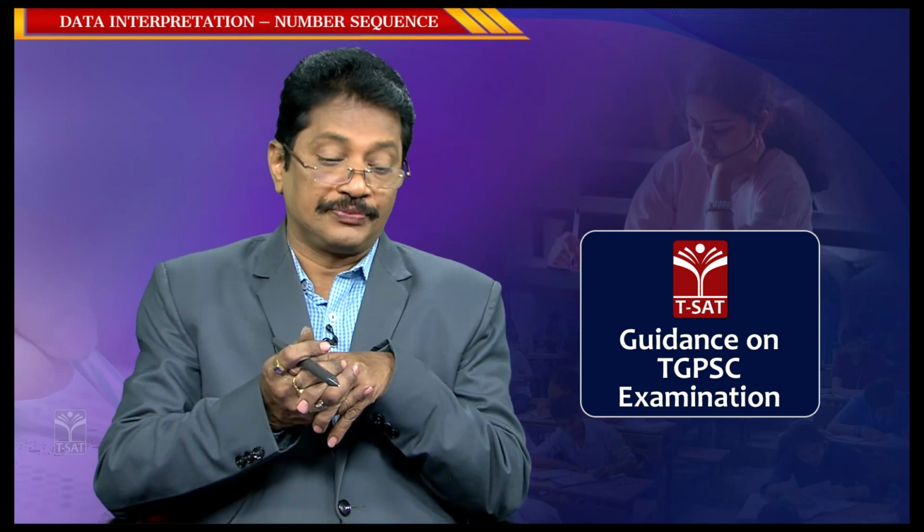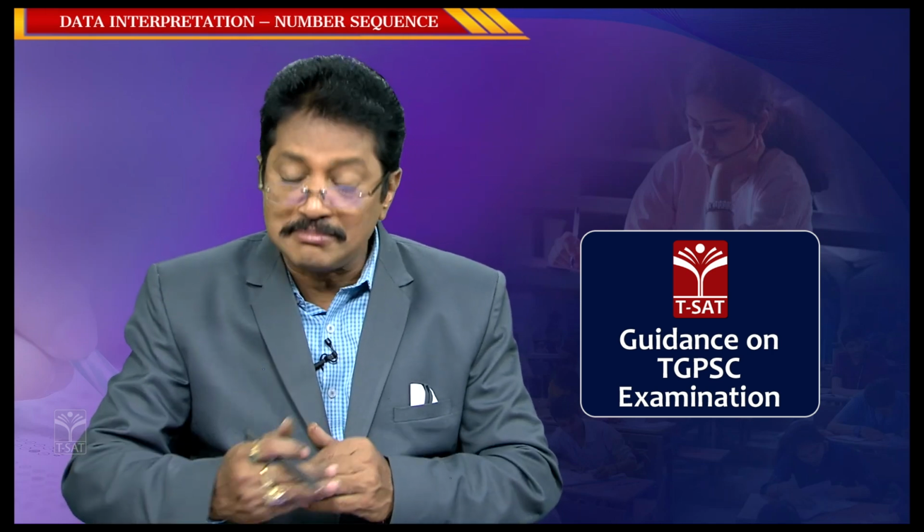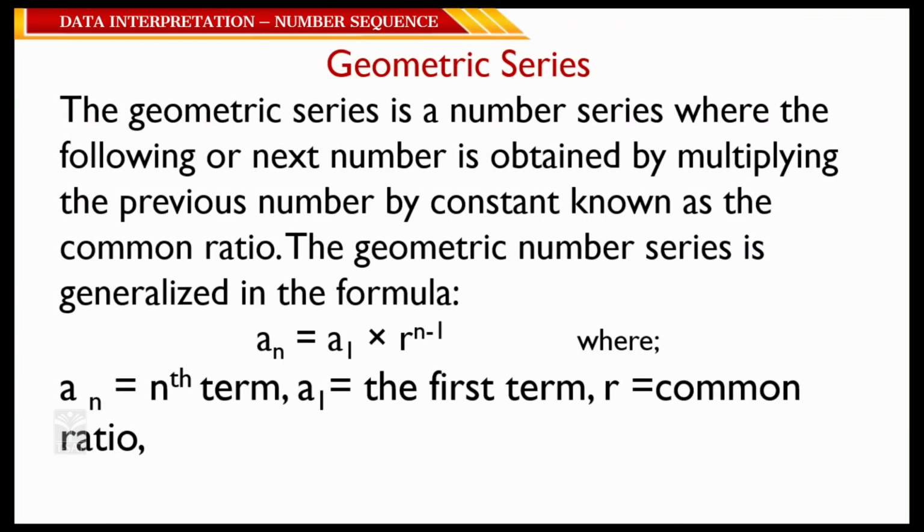Just now, see. The geometric series is a number series where the following or next number is obtained by multiplying the previous number by a constant known as the common ratio.